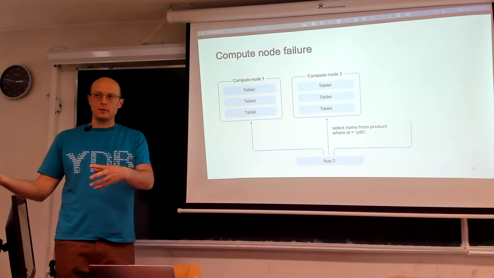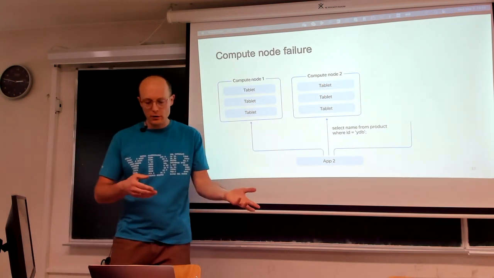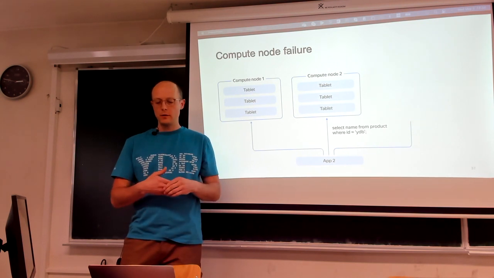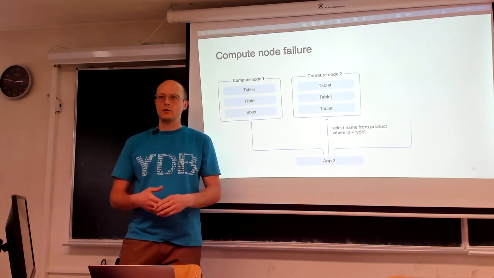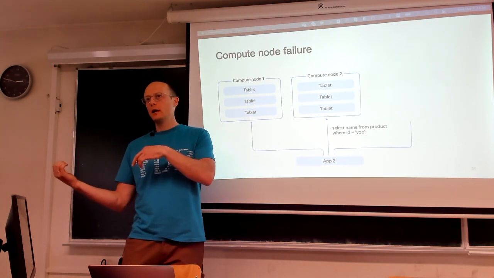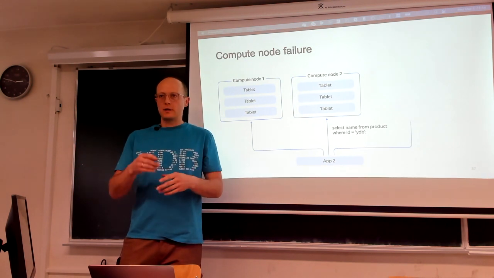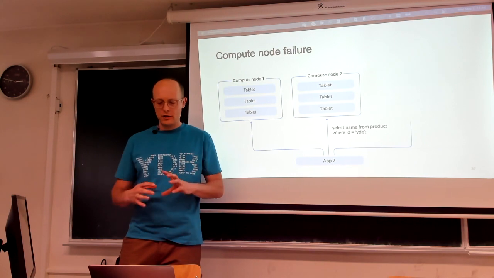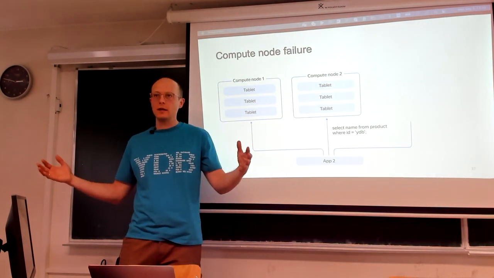So it was stopped on the previous node, launched on the new node, and now the system will respond with the correct answer. So for the external user, it will be visible as a progress slider rolling, for instance, or just an extended latency.